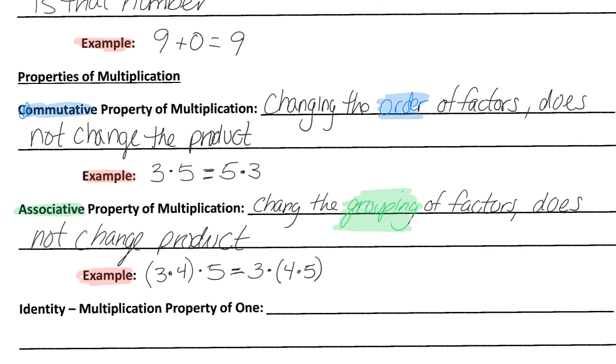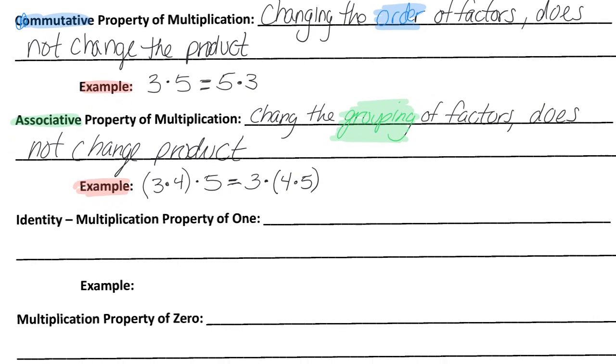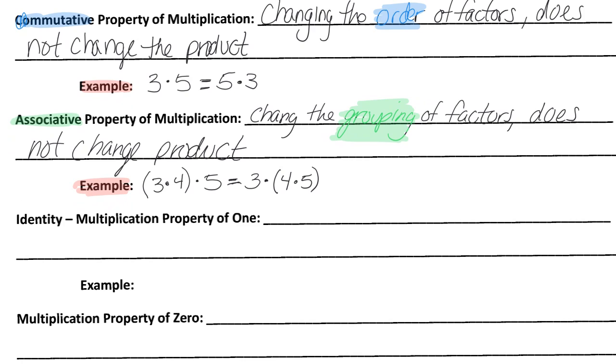So now the identity property, or the multiplication property of 1, is a confusing way to say a number times 1 just gives me that number. So a number times 1 equals that number.